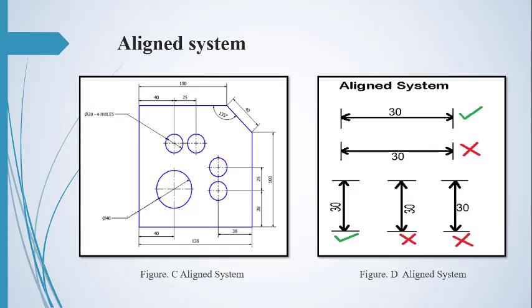Here are two figures for the aligned system. It's figure C, and in figure C you can see that the part is shown by 40 units. The line that you can see here is a dimension line, and the unit is written above the dimension line.